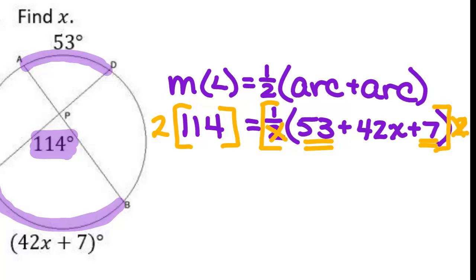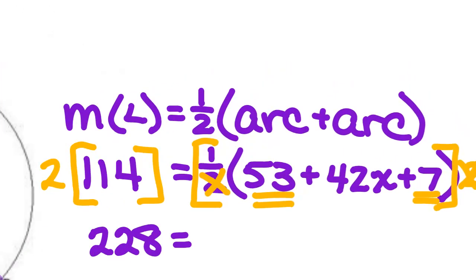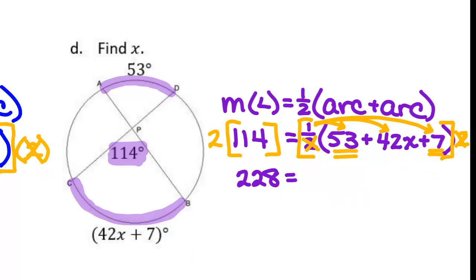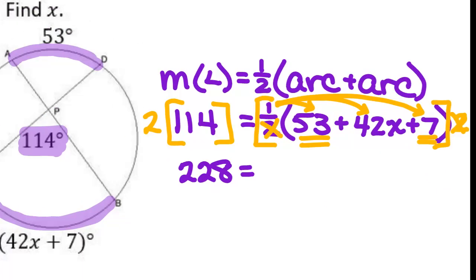2 times 114 would be 228 is equal to, the denominator canceled out, the 1 is still there, and the 1 distributes to every piece here, but that means nothing changes. I do have the like terms of 53 and 7 to put together. What do you get if you add 53 and 7? 60.